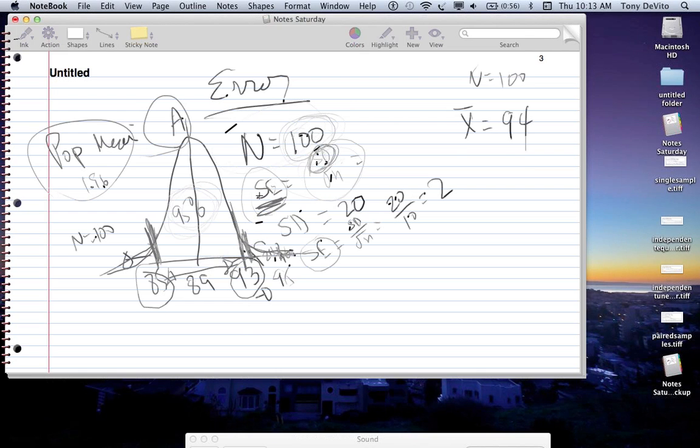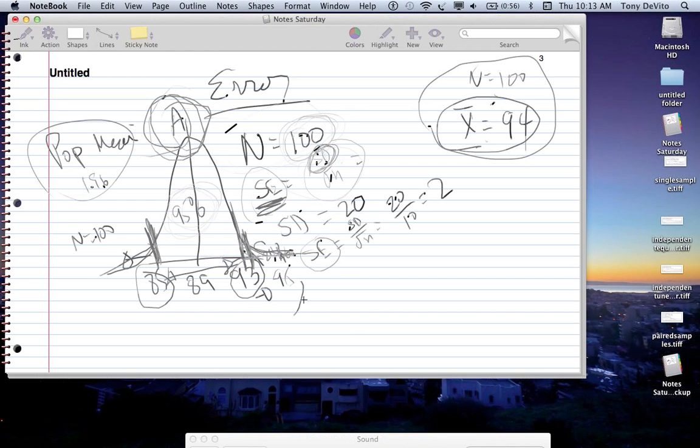Now, if I just took a sample with a mean of 94, can I say that this group of 100 people is really a different population than my population A? Well, the likelihood of getting this value is less than 2.5%.